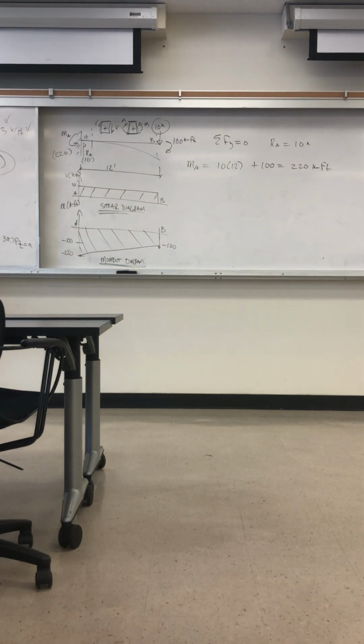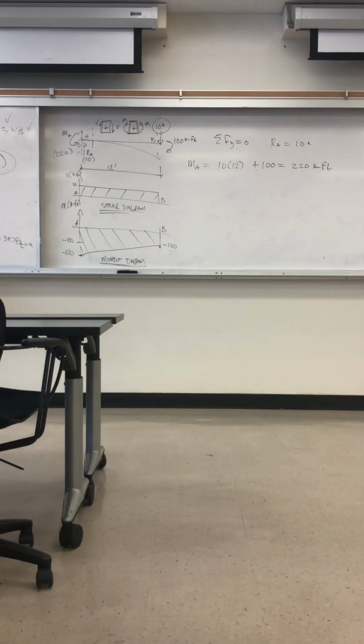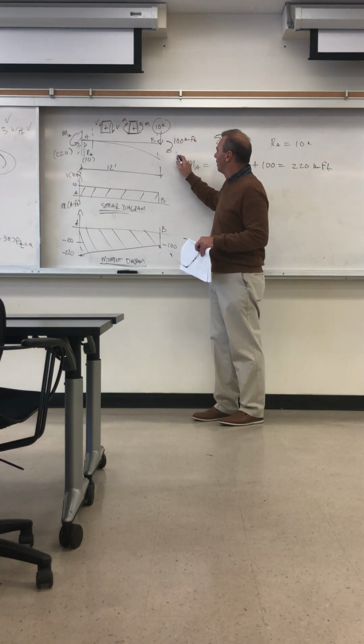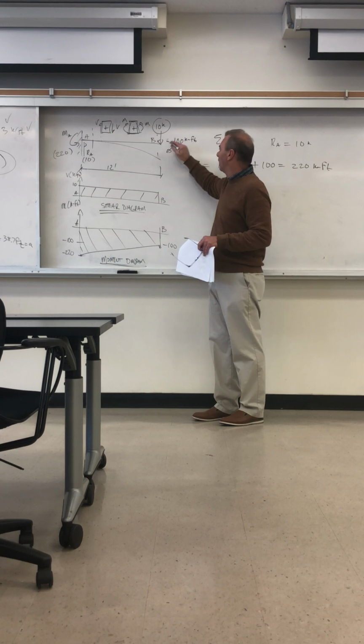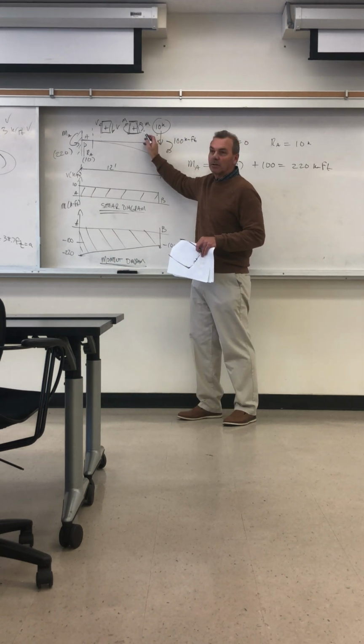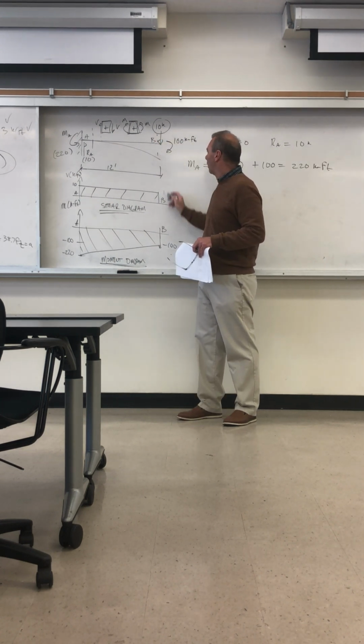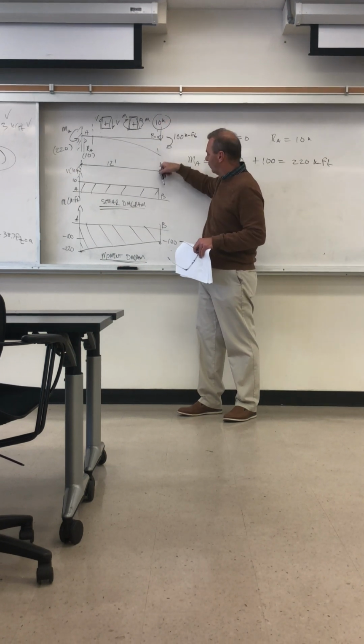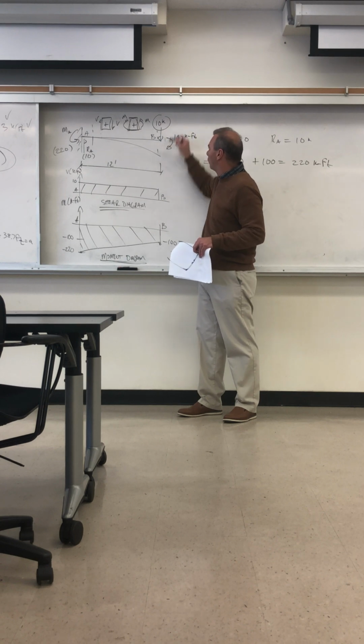Explain the points of negative 100 and 220 on the moment diagram. Say that one more time. Can you explain how you found the points on the moment diagram? Well, the moment right at this point has to be 100 because you're applying 100. And you're applying it this way, which is opposite to this when you look at the right side. So it's minus 100. This force down applies a shear directly, as soon as you move into the beam, it feels that whole force of 10 kips, like our shear diagram shows.